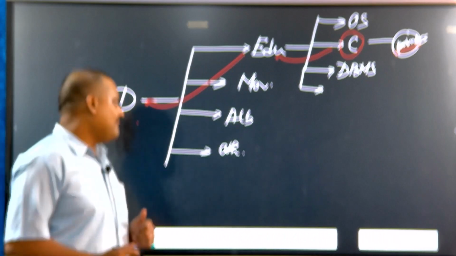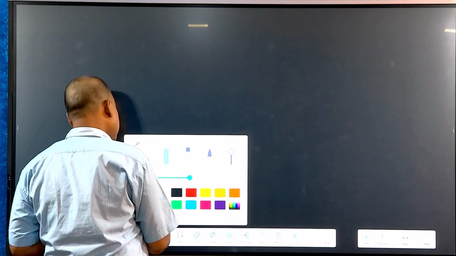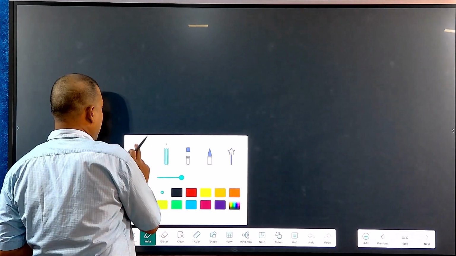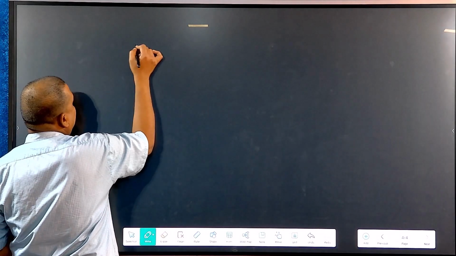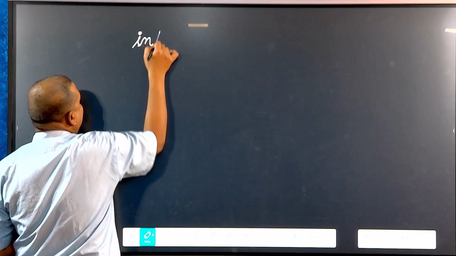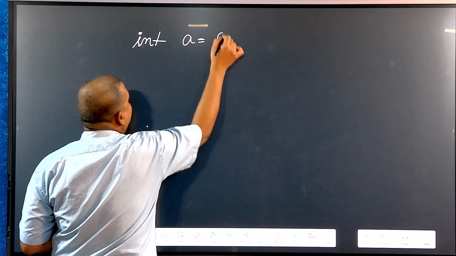Let us have an example to clear this particular concept. We have another example. Here we are trying to write an example where we have a variable int a. A is a variable which has a value 2.